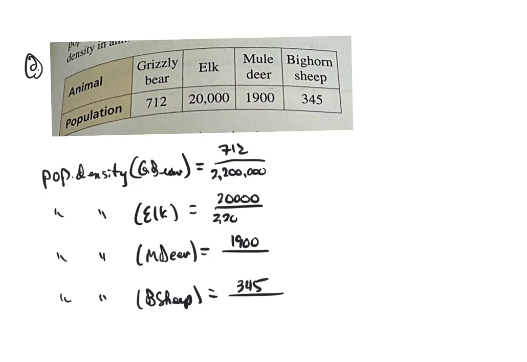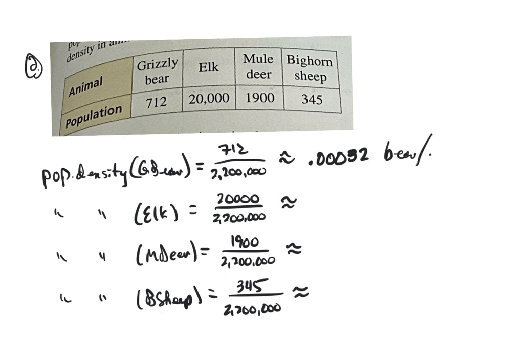So that'll be the area that we use as the divisor for each of our density problems. All right, so it just simply becomes a calculator problem for each one. So grizzlies, there's going to be 0.00032 grizzly bears per acre.